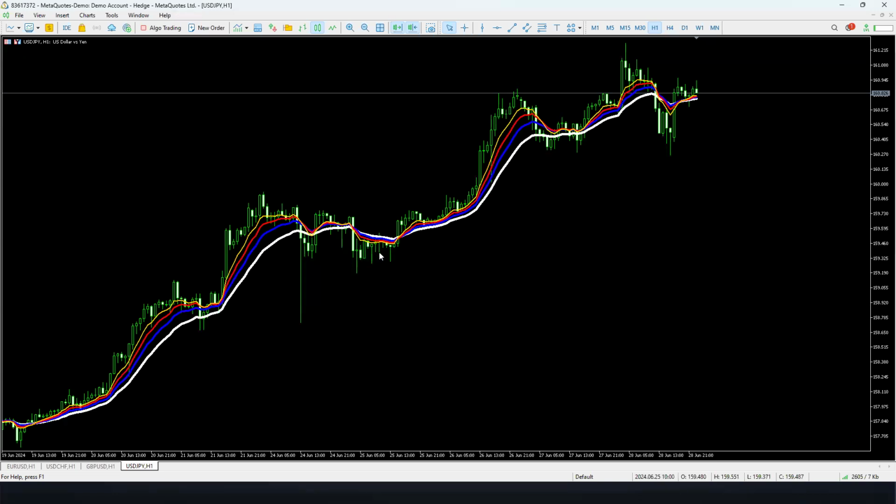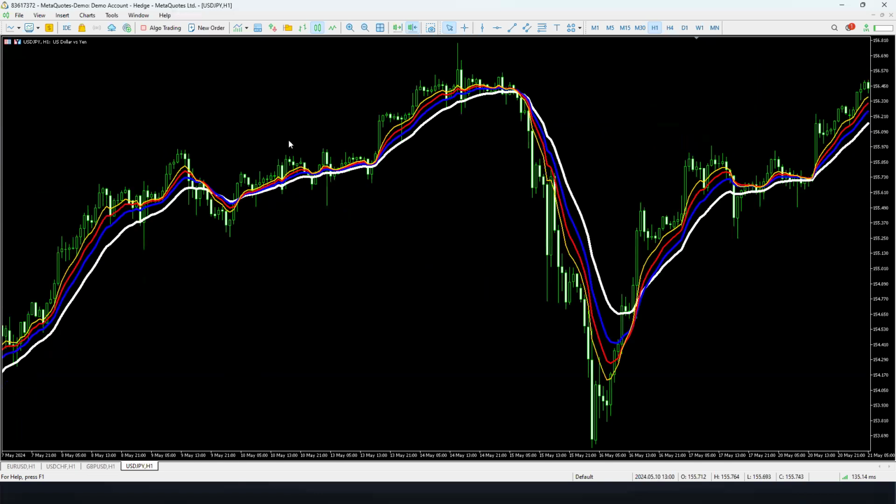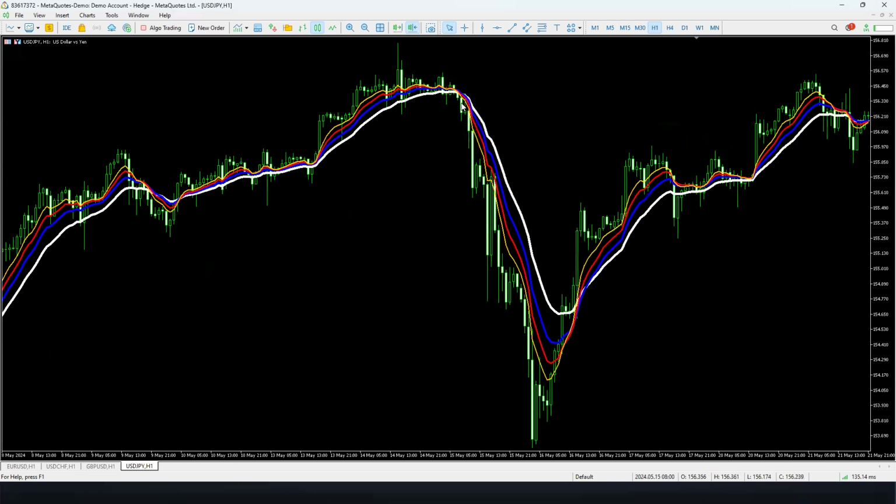When this gold crosses and closes above all of them, and all of them are now parallel to each other, I say the market is buying. If this gold comes from the top, closes below all of them, and all these four become parallel, I say the market is selling. That is the trading condition of my system. That's what I've set as the trading condition.